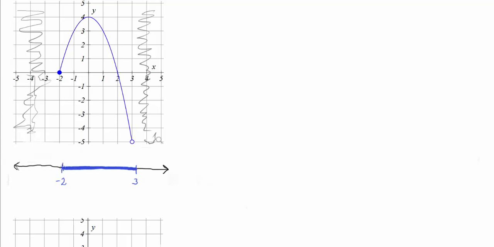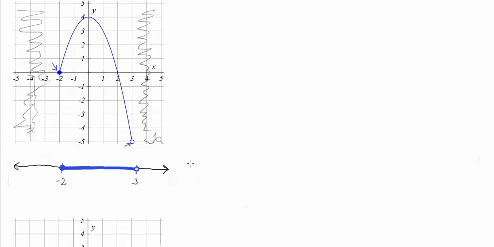Looking at the endpoints, we see this left endpoint at -2 is included because this point here with x coordinate -2 is included. But the right endpoint at 3 is not included because we have this open circle here to show that the point with x coordinate 3 on our graph is not included.